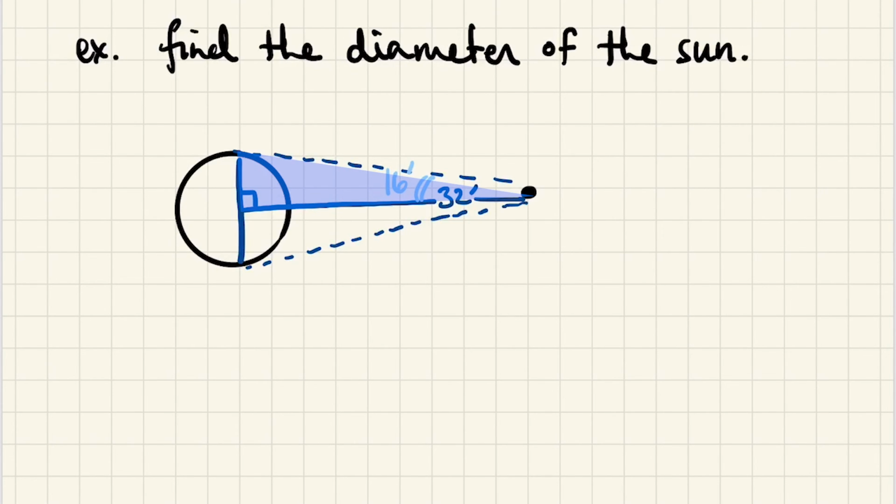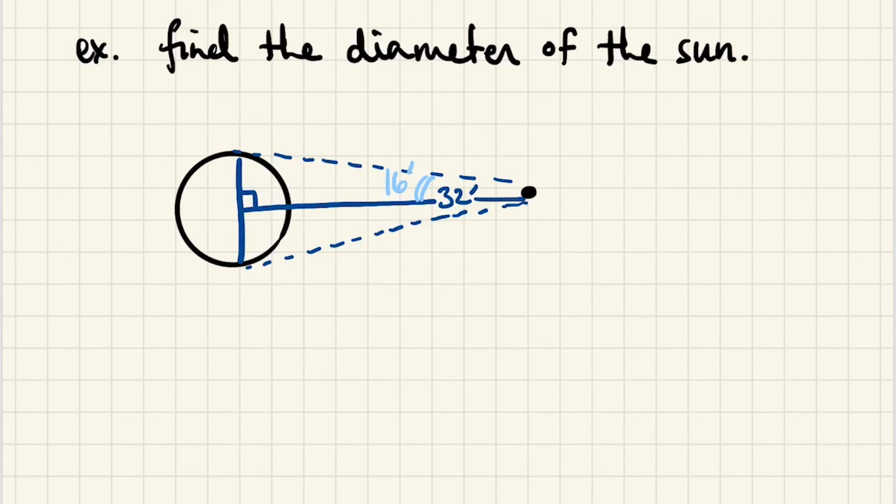But we're going to need at least one of the side lengths on here. Namely, this side length right here, which is the distance from the Earth to the sun. How far away is the sun? 93 million miles. Correct. That is 93 million miles.